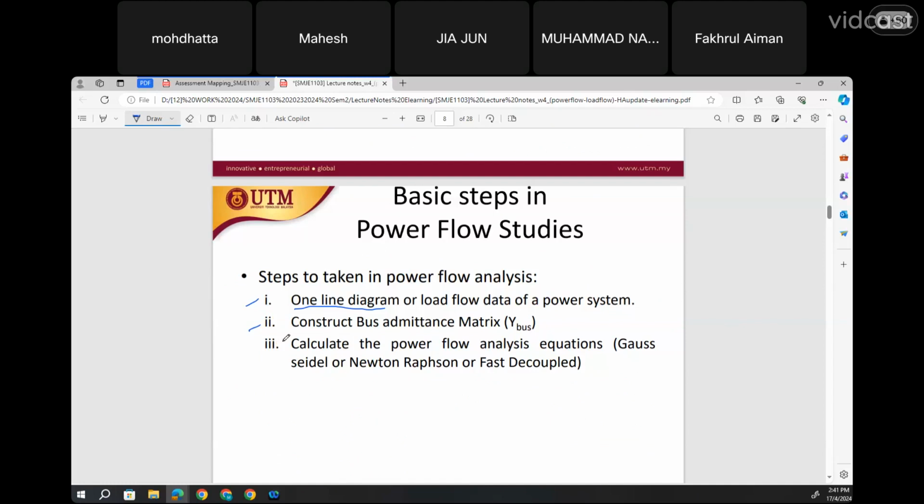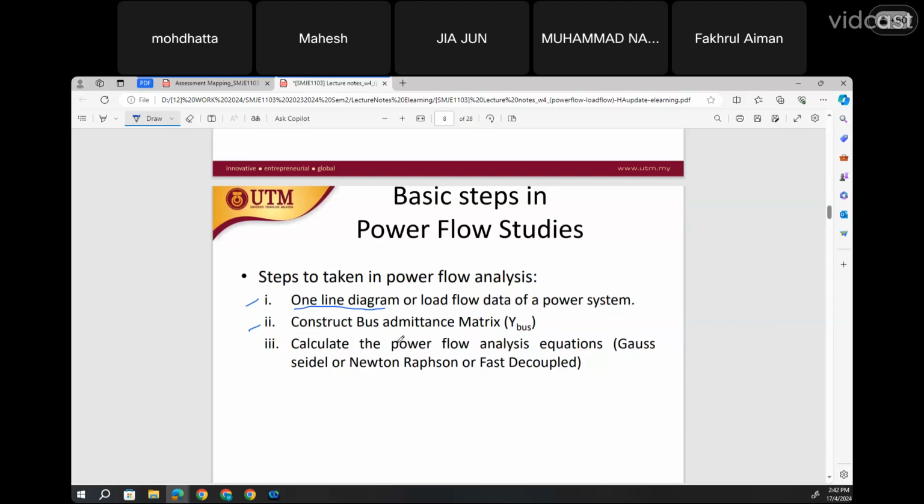To construct the bus admittance matrix, you need to come up with equations, typically related to current flow from one bus to another bus. In other words, in order to construct the bus admittance matrix, we need the current equations.